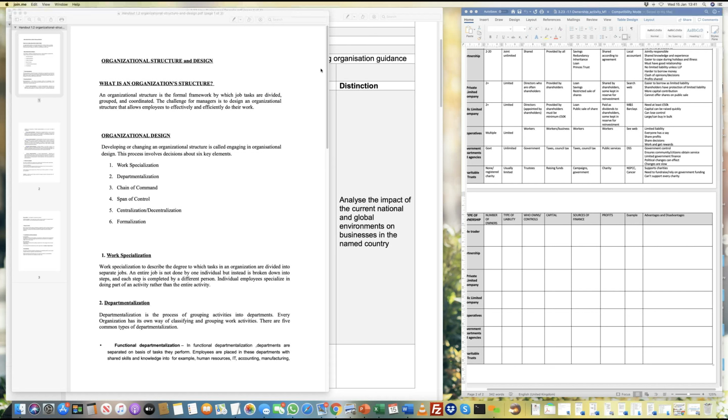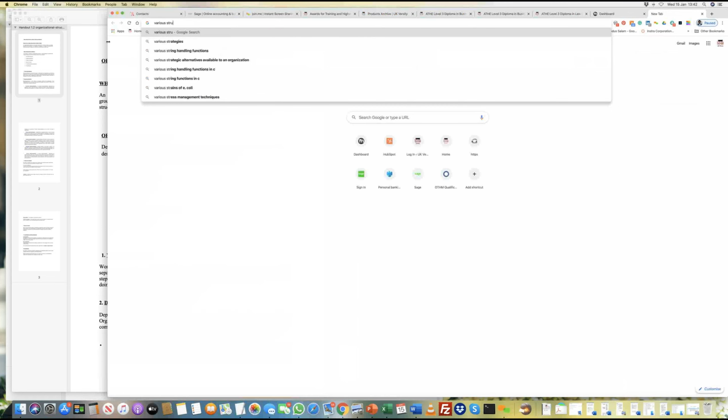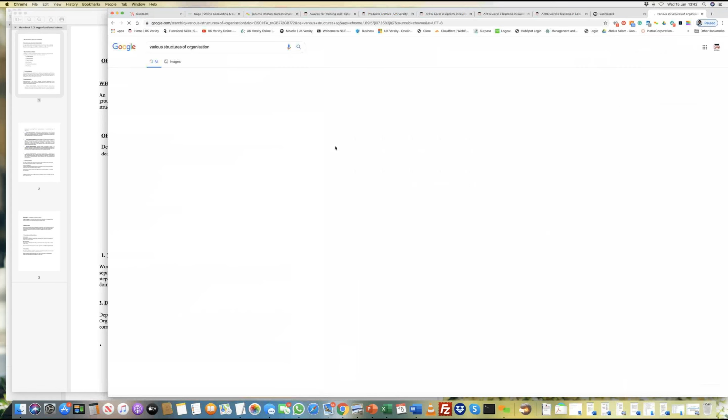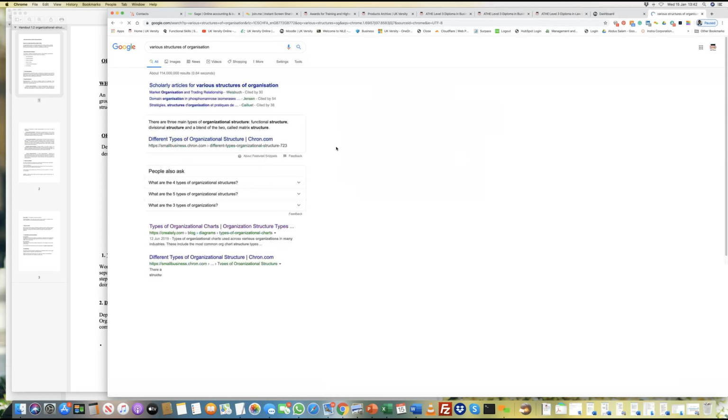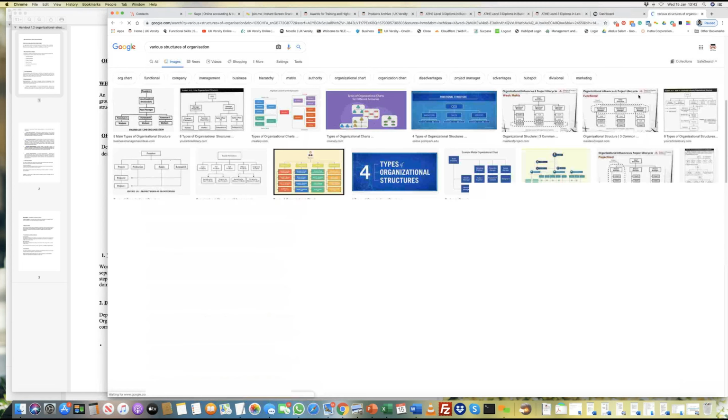Now, when we look at different types of structures, we can look at 4 basic types. Let's go to images, because we know what the structures are.